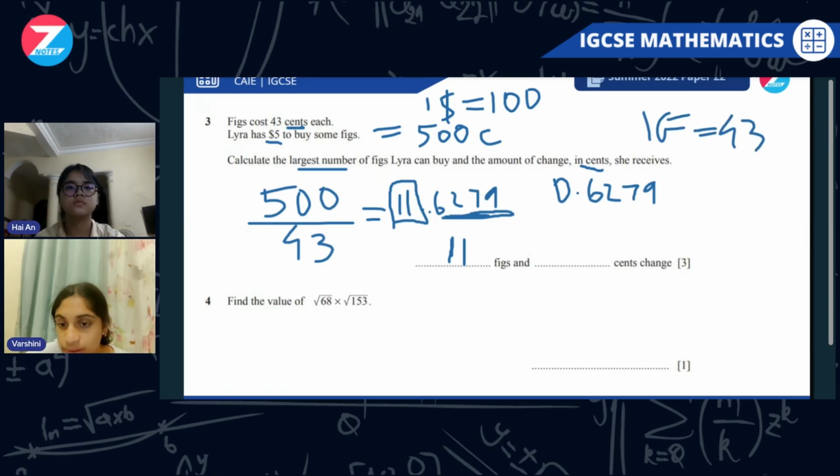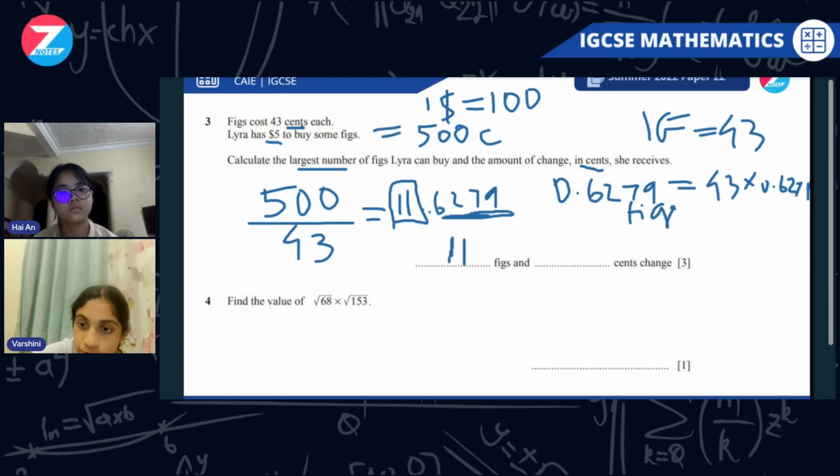And so 0.6279 figs would be 43 into 0.6279 figs here. So you can just put the number you've generated already, just put that direct large decimal in your calculator.